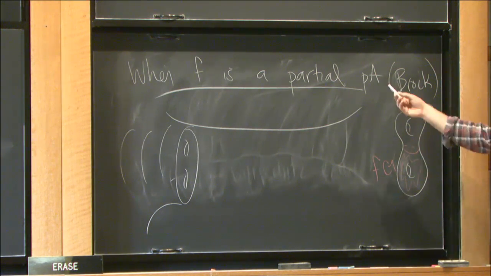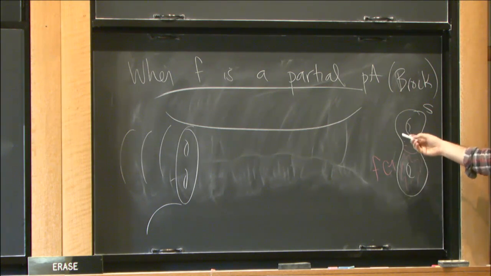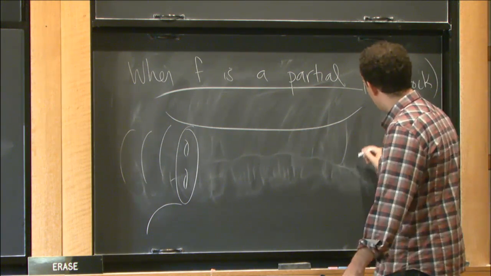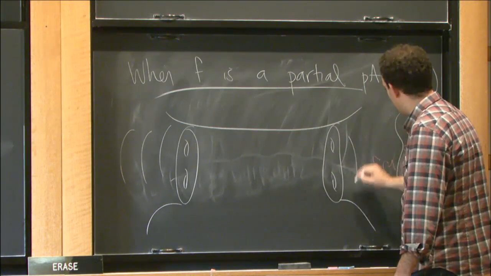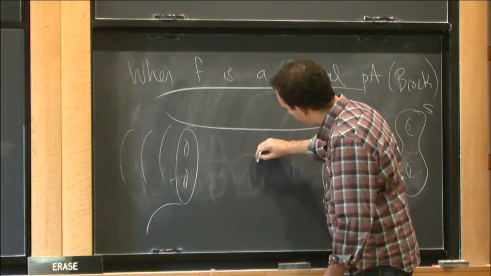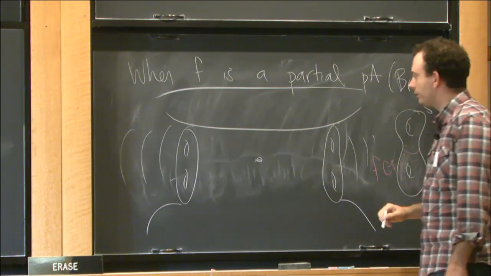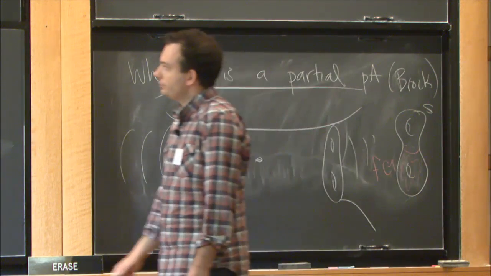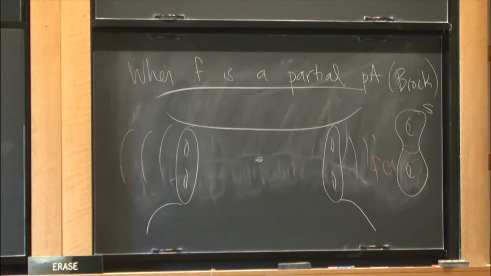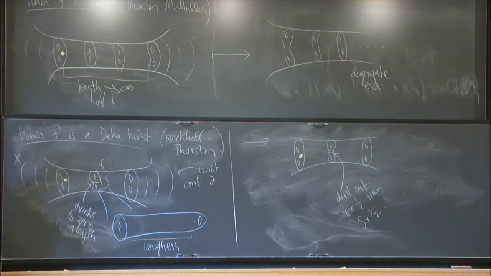So, when f is a partial pseudo-Anosov, what's the picture? Here's our manifold. As i goes to infinity, as you start iterating this pseudo-Anosov on just the bottom half of the surface, you might expect something similar to what's happening with the fully pseudo-Anosov example.